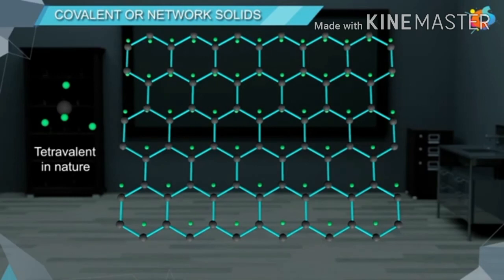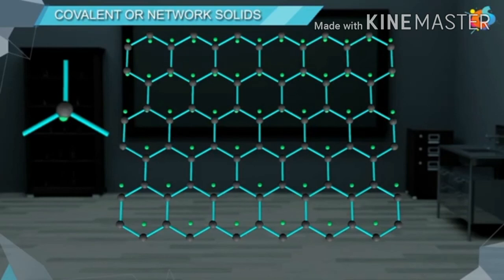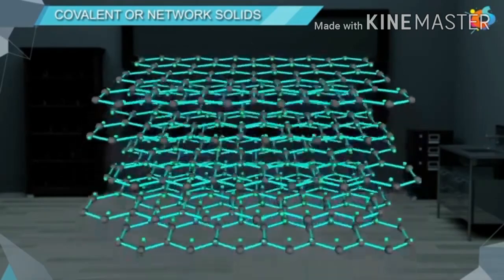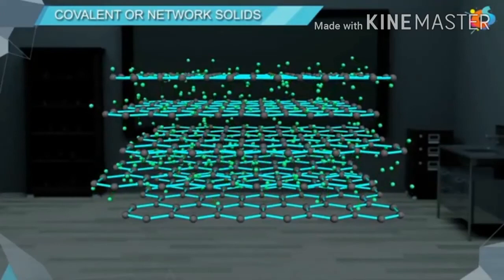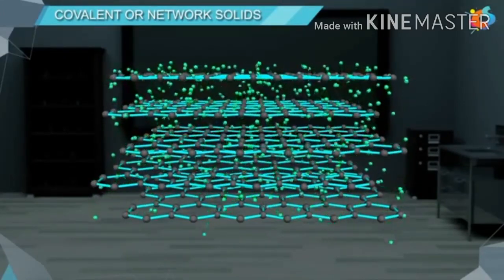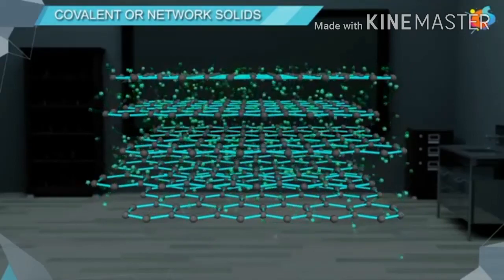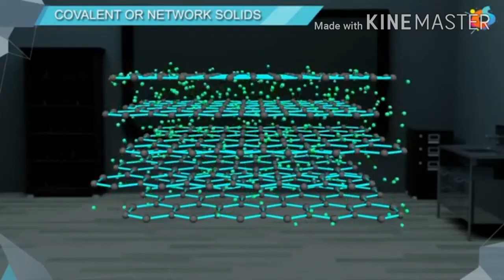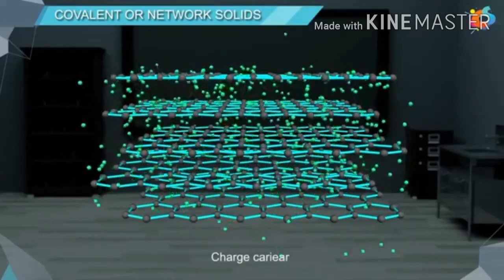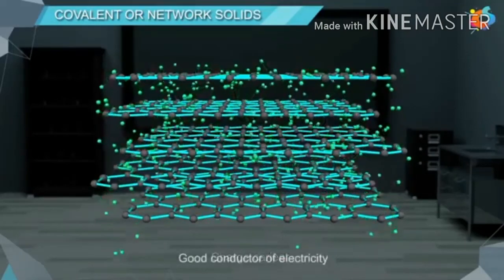In each layer, one carbon atom is bonded to 3 other neighboring atoms within the same layer. The 4th valence electron of each carbon atom remains unbonded and is present between the layers. This fourth valence electron is free to move within the structure.